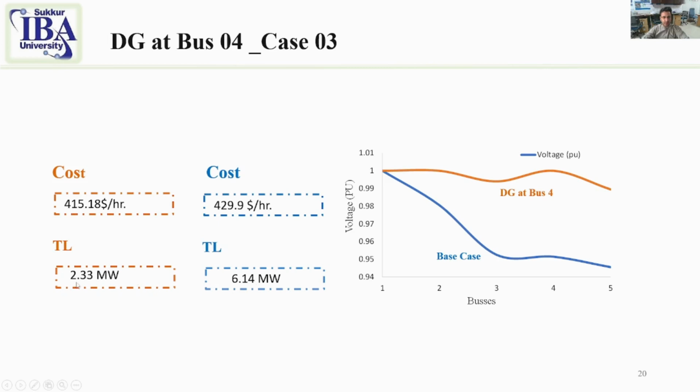Also the losses, you can see, reach 2.33 megawatt. Here you can see the voltage level is also improved with DG at bus number 4. You can see these are the deviated voltages from 1 to bus 5.